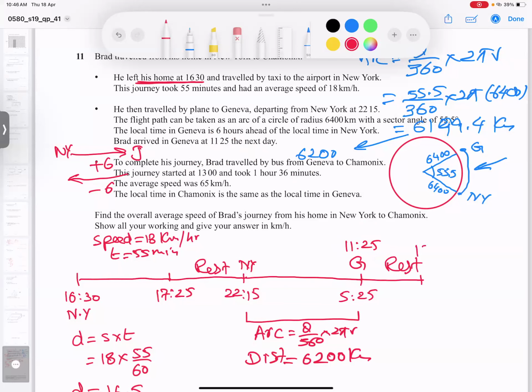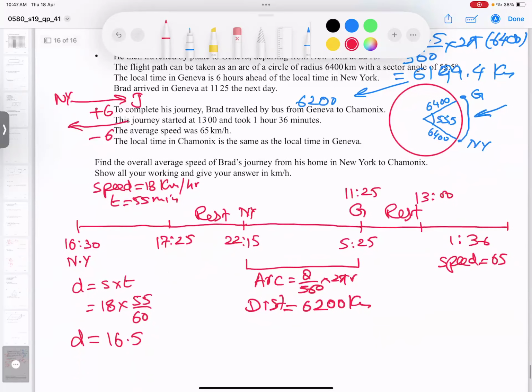He started at 13 hours, but again, it's Geneva time, make sure. How much time will it take to travel? It takes 1 hour and 36 minutes. Average speed is how much? 65. So I'm writing here average speed: 65.